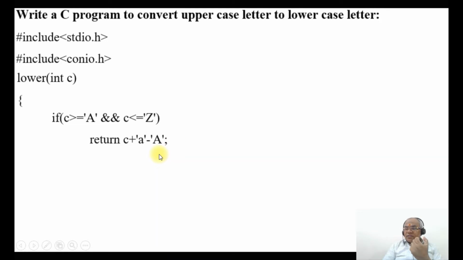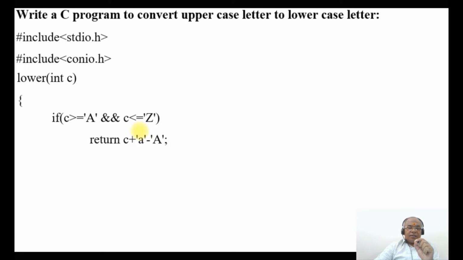The ASCII value of small a is 97 and the ASCII value of capital A is 65. So 97 minus 65 gives you 32.